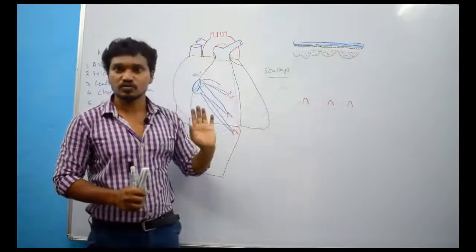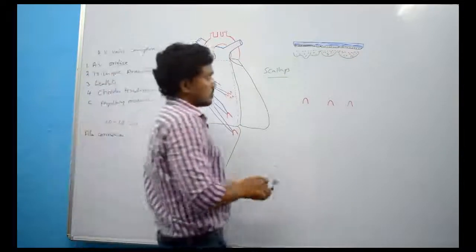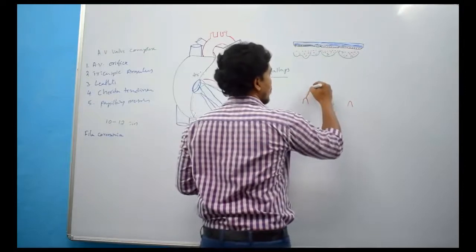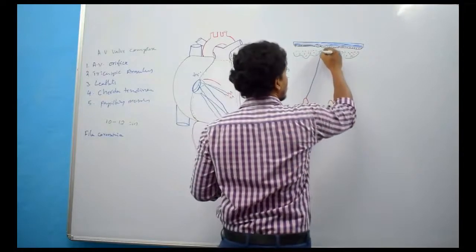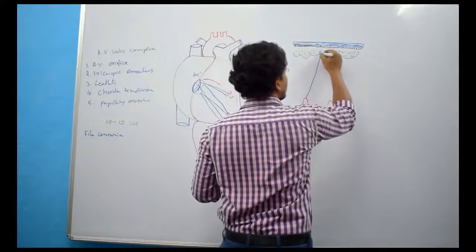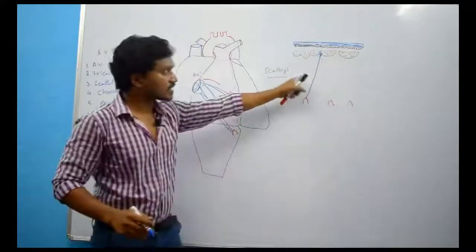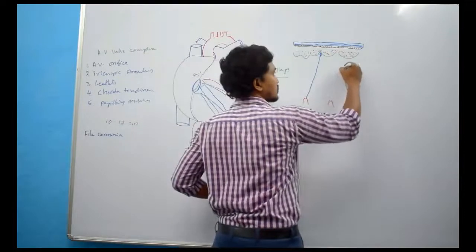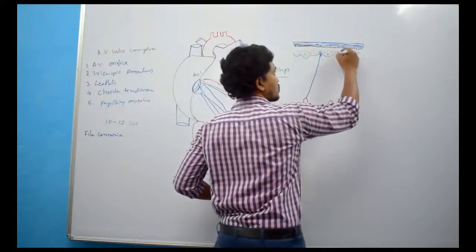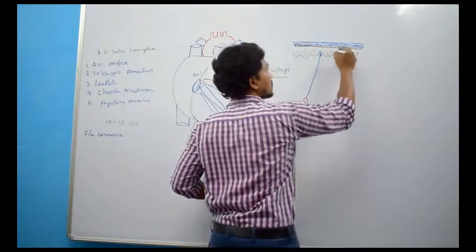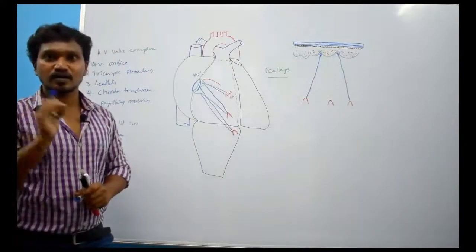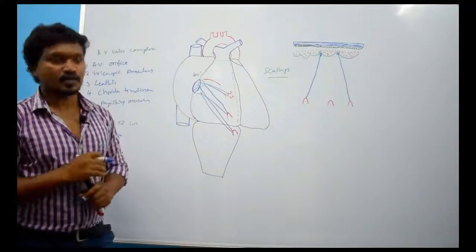What are those? First, some chorda attach to the commissure. See here, these chorda attach to the commissure from the papillary muscles. These chorda we call commissural chorda.